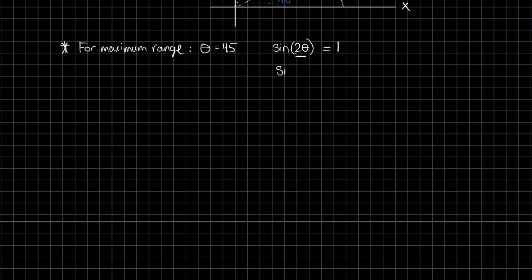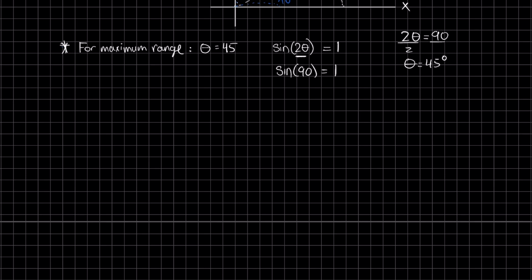We find that maximum when the input is 90, because the sine of 90 is 1. So the angle that produces that maximum, when you divide it by 2, is going to be 45 degrees. So when I plug in 45 degrees, I double it, it gives me 90, and the sine of 90 is a maximum of 1. By understanding these patterns, you can predict and solve a wide variety of projectile motion problems.